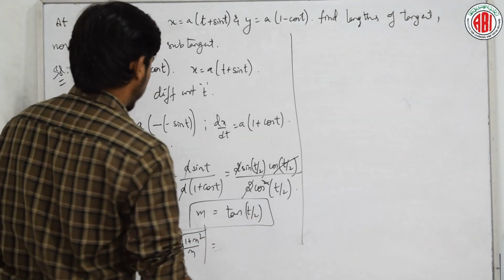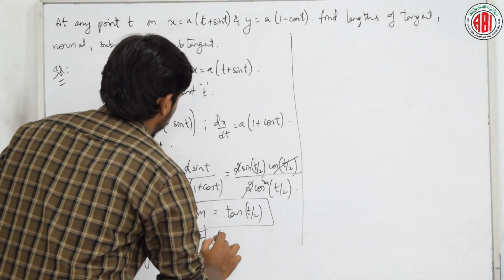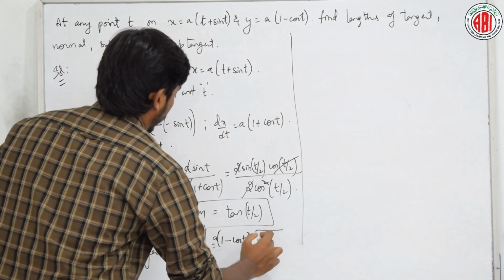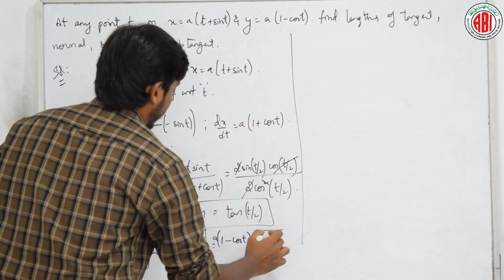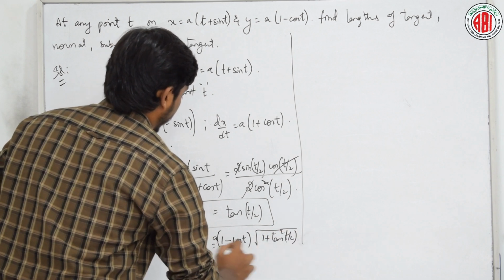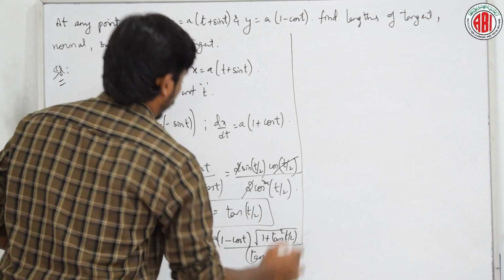What is y? Let us write everything directly. That is a into 1 minus cos t, into under root 1 plus m square, which is tan square t by 2, divided by tan t by 2.